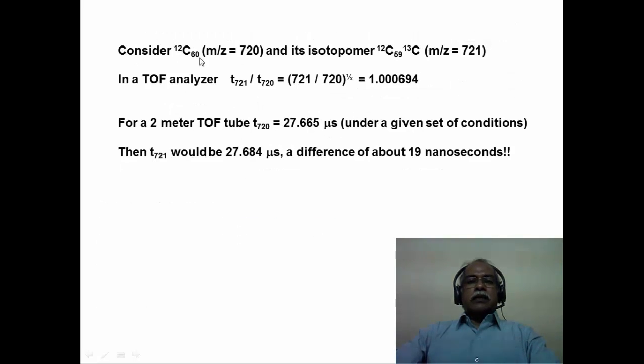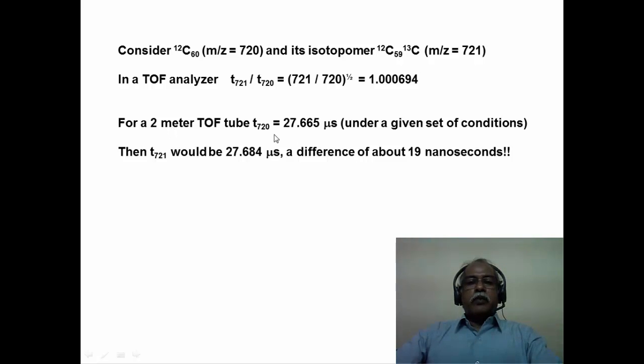So if you consider the C60 molecular ion with the carbon 12 isotope, the mass is 720, and its isotopomer will have C59 of carbon 12 and one carbon 13. That will be 721 mass units. In a time of flight analyzer, there is one mass unit difference here. So that would essentially correspond to the square root of 721 by 720, which is 1.000694.